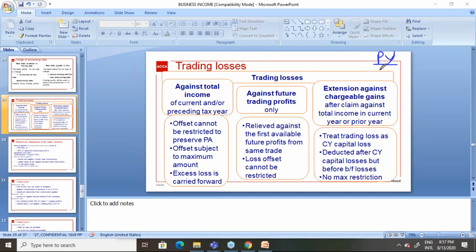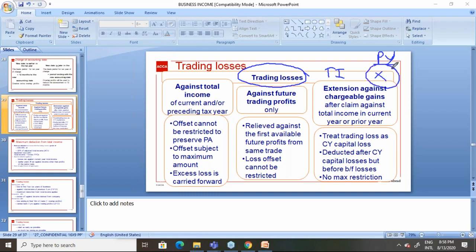there is a prerequisite. You cannot set off against the previous year chargeable gain at once. First, you need to set off the trading losses against the total income first.